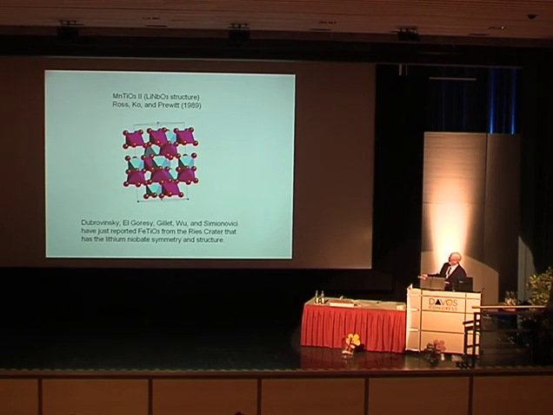And I just got an email from Ahmed El-Goresy saying that they have found FeTiO3 from the Ries crater that has the lithium niobate symmetry and structure rather than ilmenite, as previously thought. So this undoubtedly is a result of shock, a high pressure transition in FeTiO3. And Ross, Coe, and I published this paper in 1989, characterizing the MnTiO3 in detail.